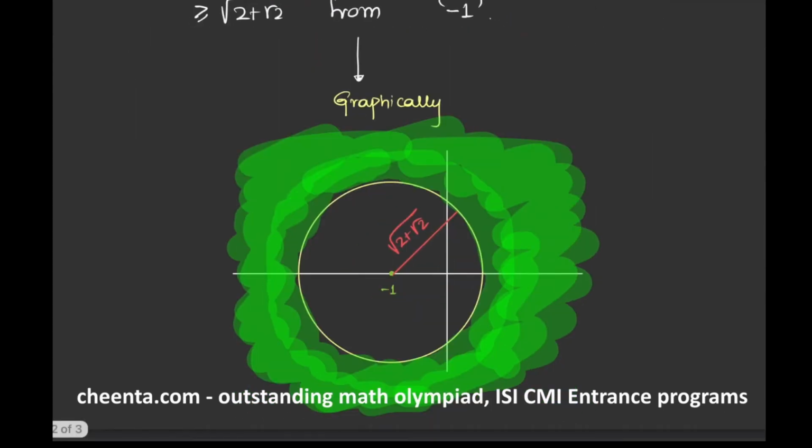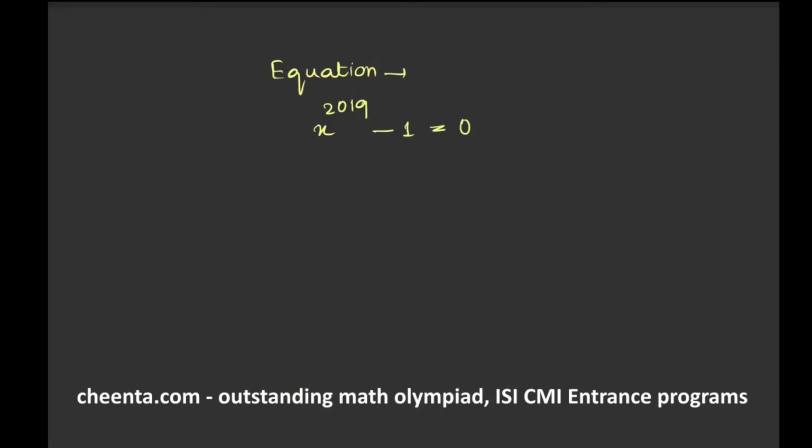Now that we have some information regarding the inequality, we come back to the actual problem itself. So we instead focus on the equation now. Let's focus on this equation which was given to us, that is x to the power 2019 minus 1 equals 0.